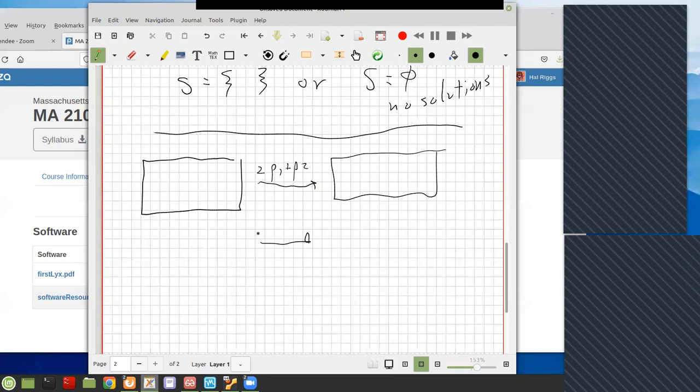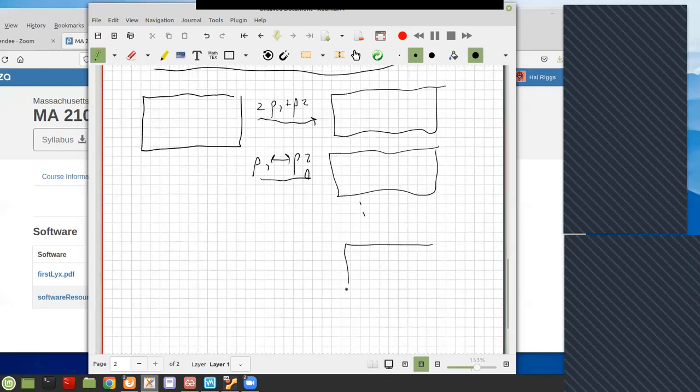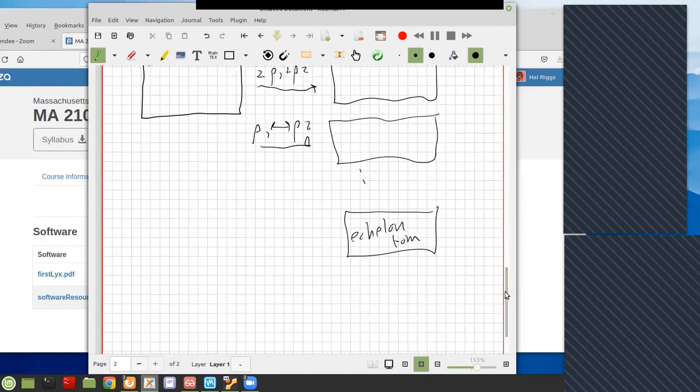Then we'll have another row operation and a copied linear system here. And then we'll come down here and you'd have the final echelon form. Then you would do back substitution. Then you write out the answer as a set of vectors.